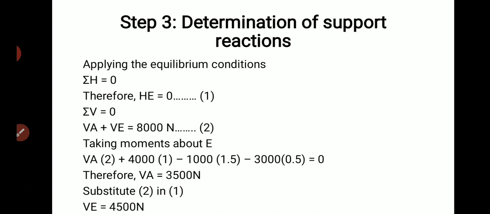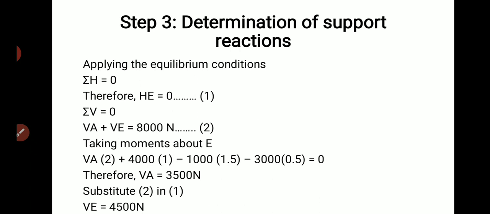So there are three vertical forces. Two are upward forces, that is VA and VE, and 1 is the downward force, that is 8000 Newton. Therefore I can straight away put it as VA plus VE is equal to 8000 Newtons.